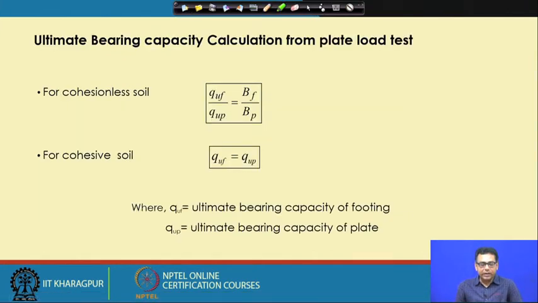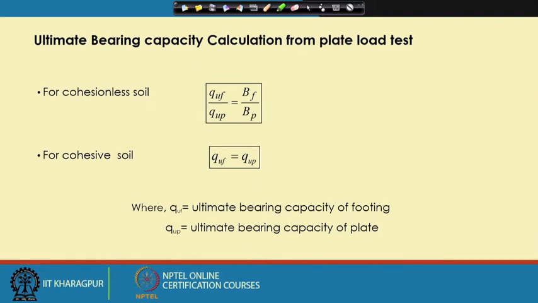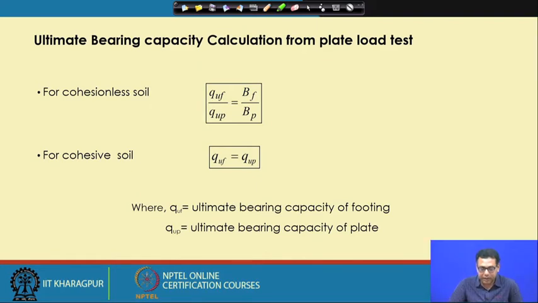Next one is the ultimate bearing capacity calculation from the plate load test. For cohesionless soil, the ultimate load carrying capacity of the foundation and of the plate can be correlated with the width of the plate and the width of the foundation.